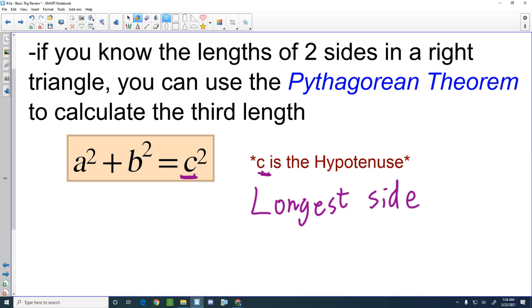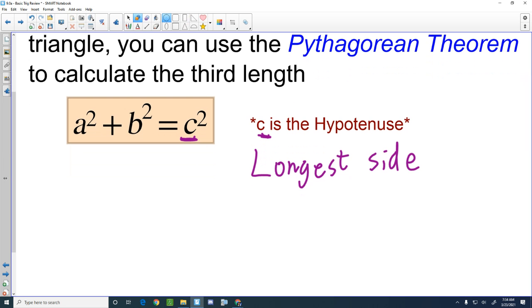So if I've got a right triangle like this, I'm pretty good at drawing triangles. You're going to see a lot of those today. If I've got a triangle here, you should be able to tell from the picture which angle is the right angle. It's given to you with this little square symbol in the corner.